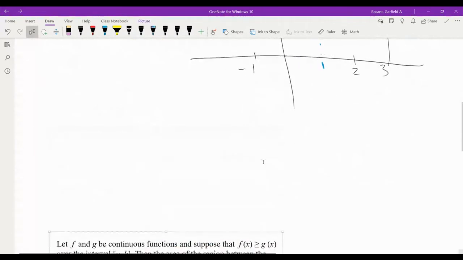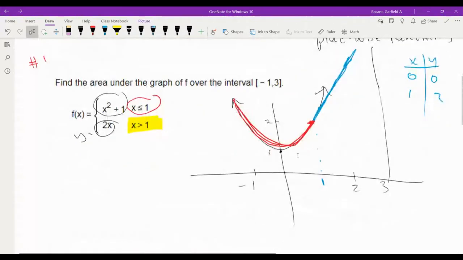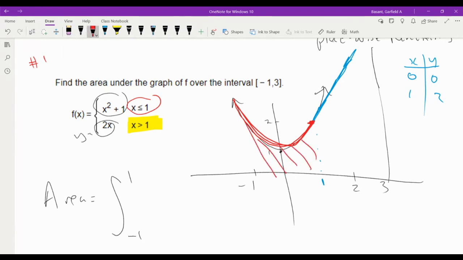Let me move this rule down a bit. So here we go. The area is going to be the integral from -1 to 1, so we have to add these together. We're going to take the integral from here to here.